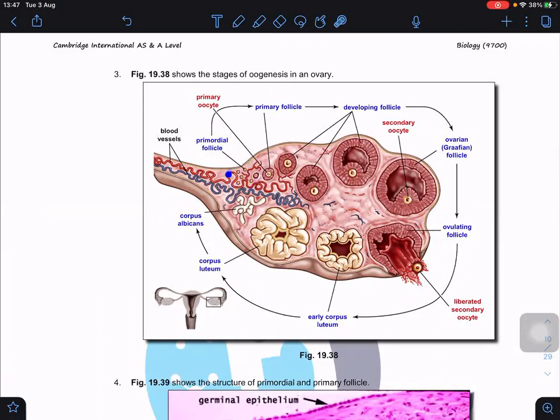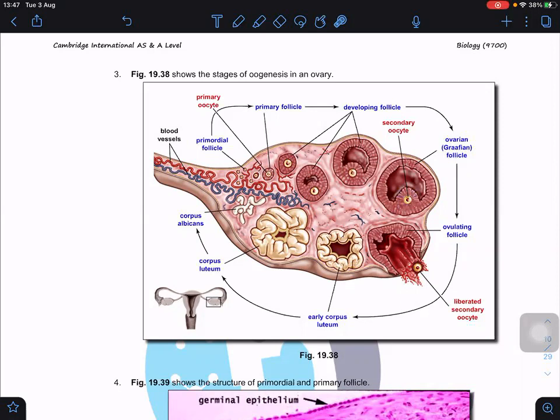So each month, because of the hormones, some of these primordial follicles will develop into primary follicles, and then the primary oocyte will continue meiosis and develop into the secondary oocyte. The red color refers to the oocyte, and the primary follicle continues to develop into the ovarian or Graafian follicle.